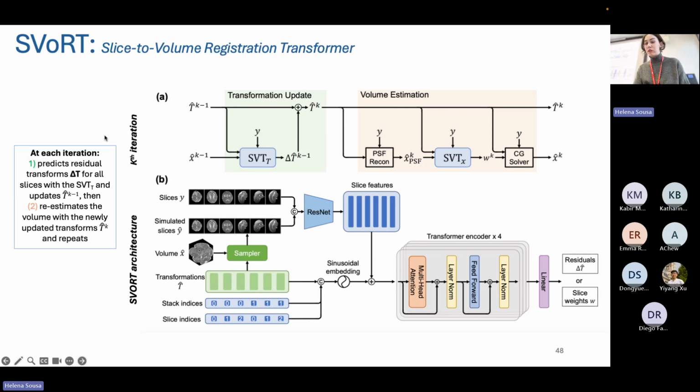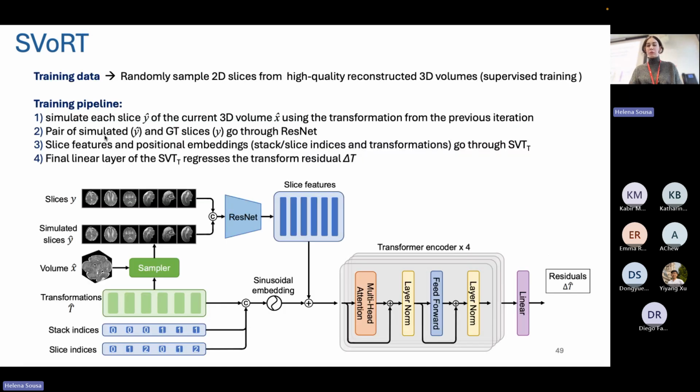So now let's look a bit more into detail how this whole training pipeline goes. Training SVoRT is actually done in a supervised way. This means that we have 2D slices that are artificially sampled as training data from these high quality 3D MRI volumes of fetal brains, for which they usually use subjects that have little fetal motion, just so they can guarantee that it's going to be higher quality.